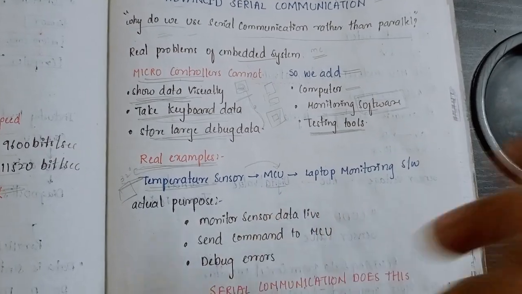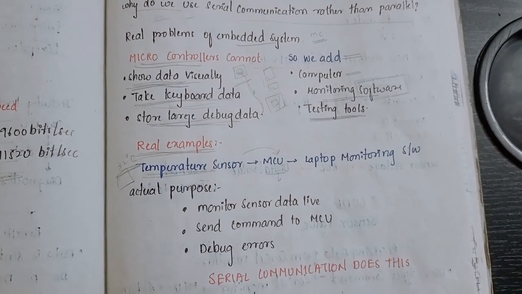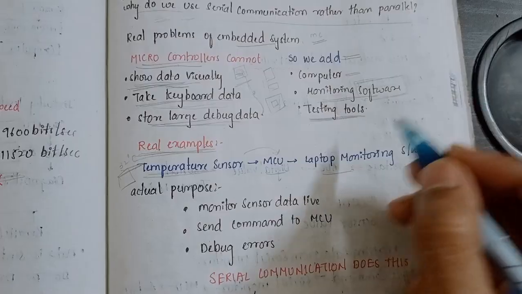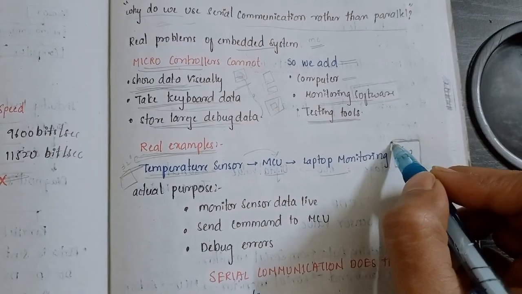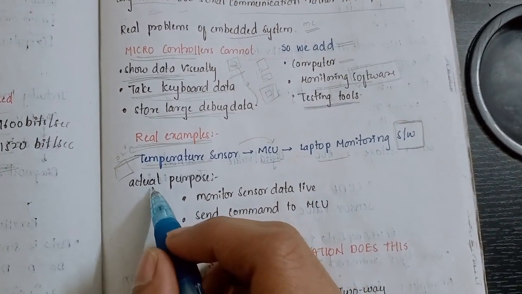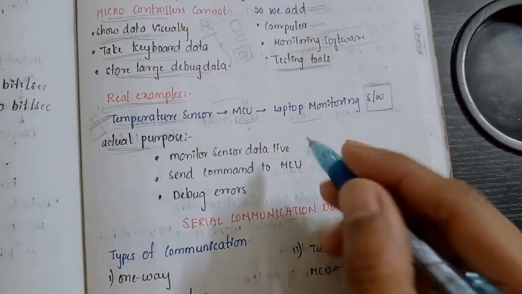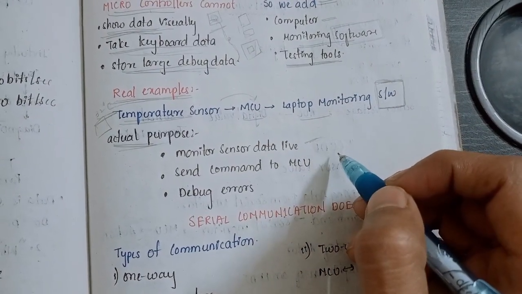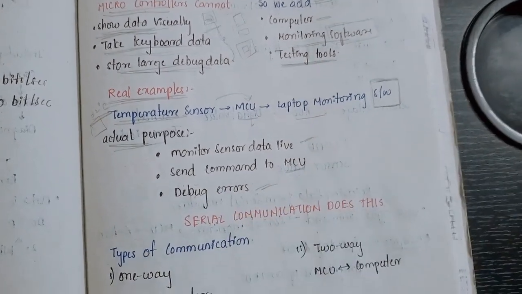The microcontroller analyzes the temperature as per the firmware requirement, and it's sent to the laptop, which contains the software for running the firmware and detection. The actual purpose is that it could help with monitoring sensor data live, sending commands to the MCU, and debugging errors.